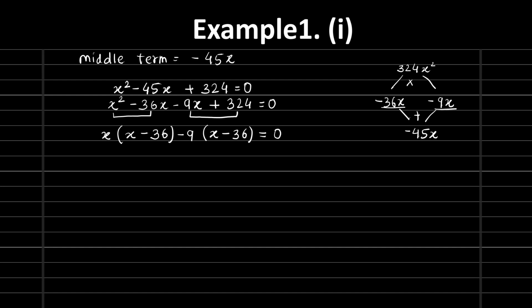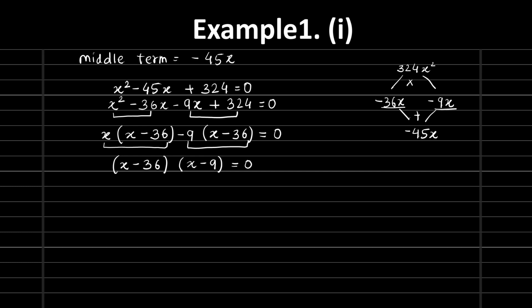Now X into (X minus 36) and minus 9 into (X minus 36): we can take X minus 36 common. The next factor we get is X minus 9, and we equate the product with 0.